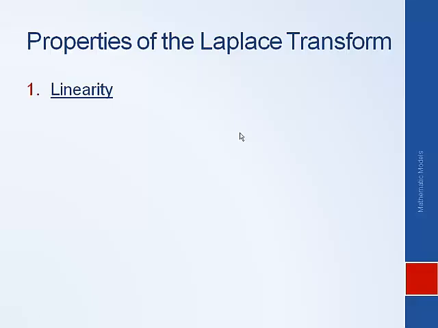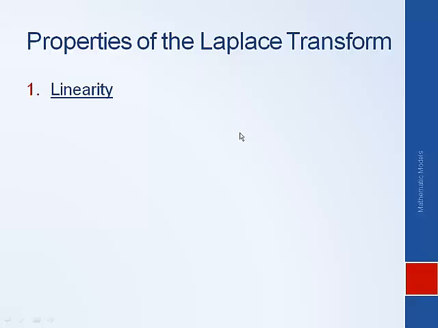The table of Laplace transform pairs on pages 18 and 19 is limited. Obviously, you cannot list every time function that exists. So what we're going to do is learn a few important properties that allow us to take the Laplace transform of a wider range of functions by building up more complex functions from the simpler functions in the table.